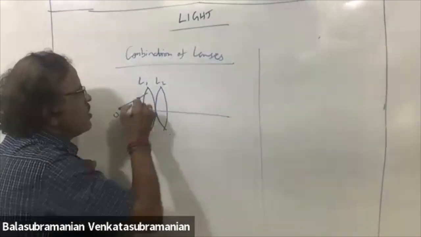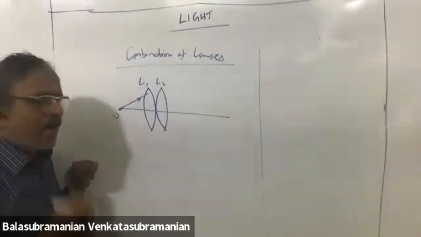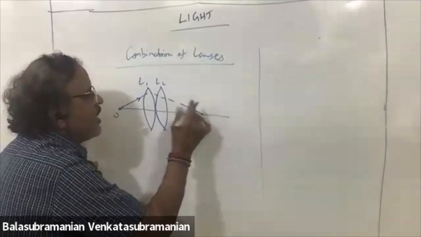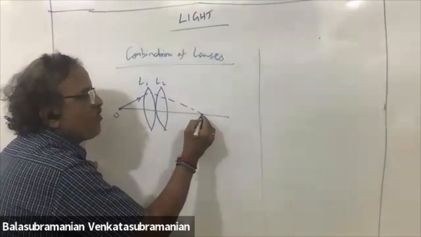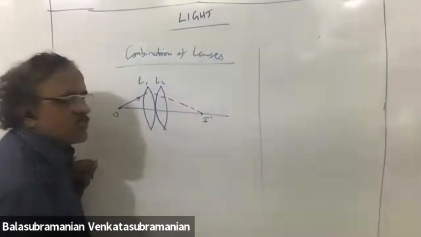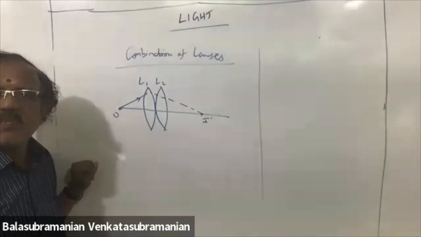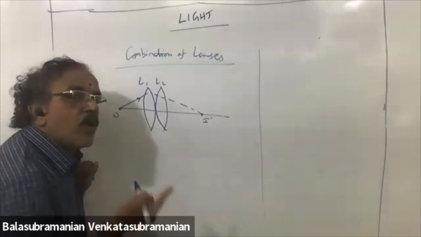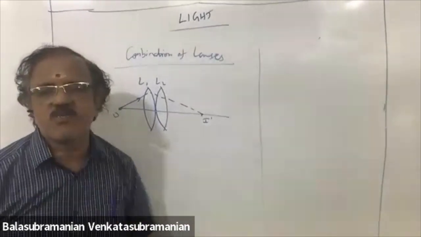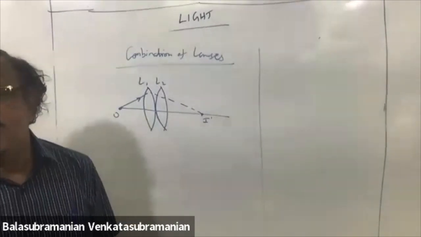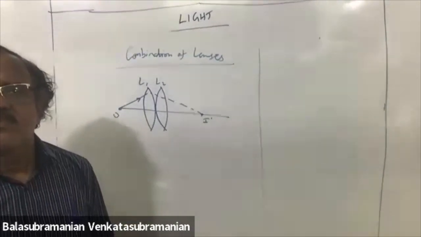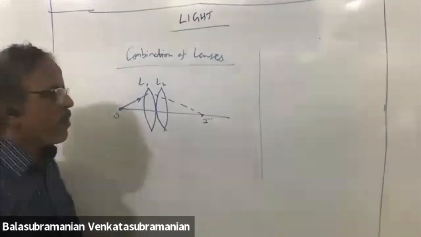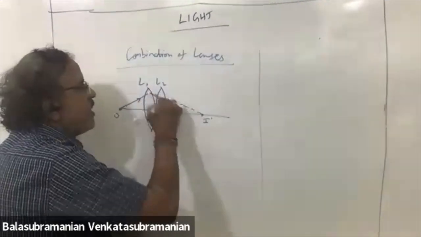Light is incident. After refraction from the first lens, light forms an image, I dash, at this point. Now, this I dash serves as a virtual object for the second lens. Then final image.